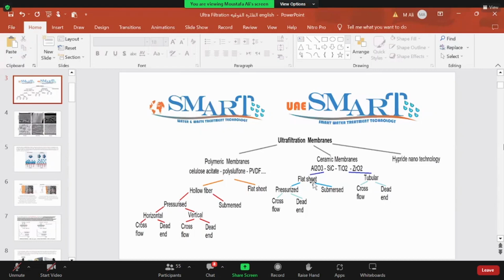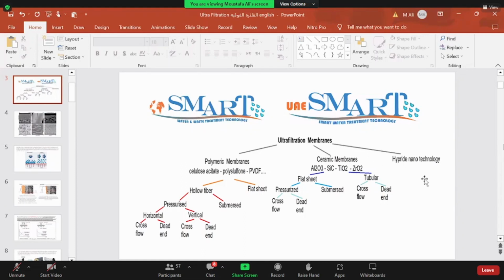Then the other category is ceramic membranes, found in 4 types: zircon oxide, titanium oxide, silicon carbide, and aluminum oxide, alpha aluminum oxide.